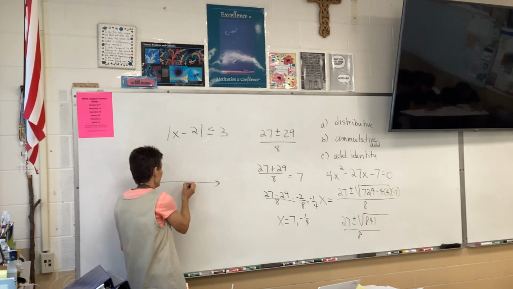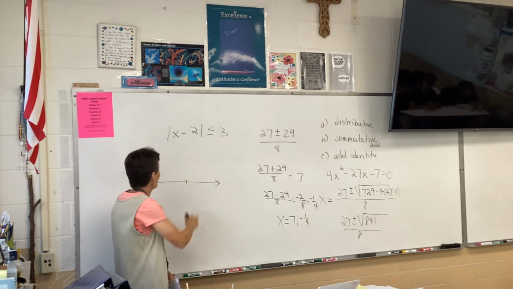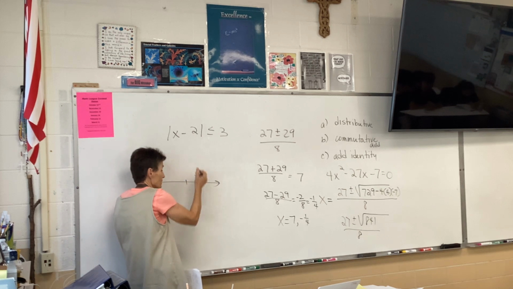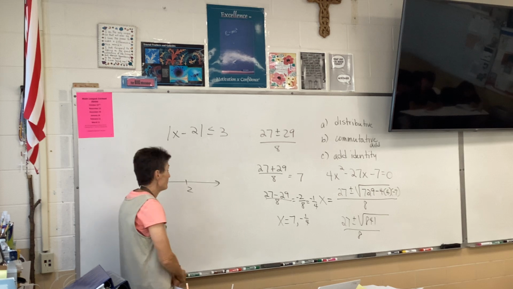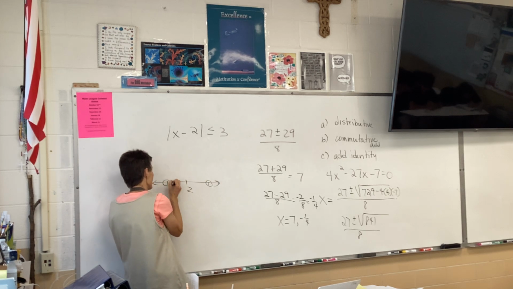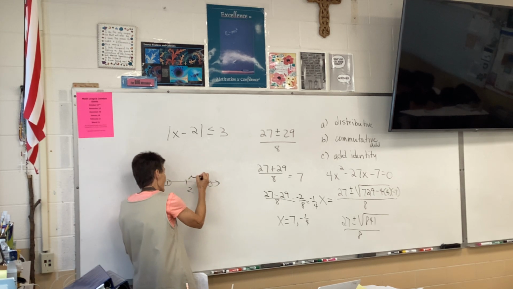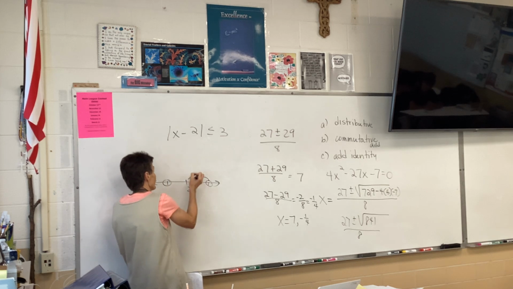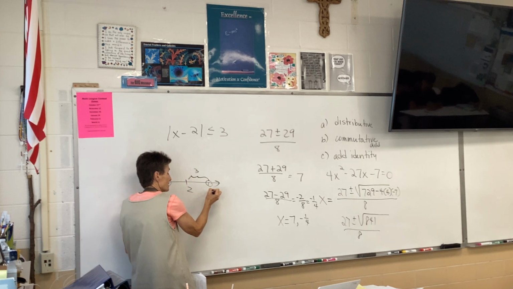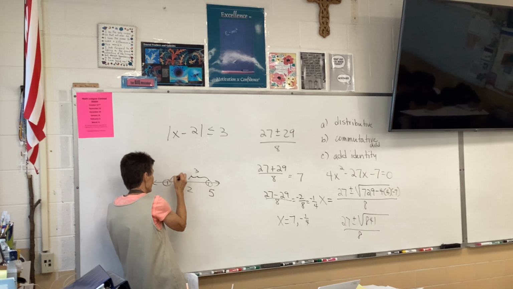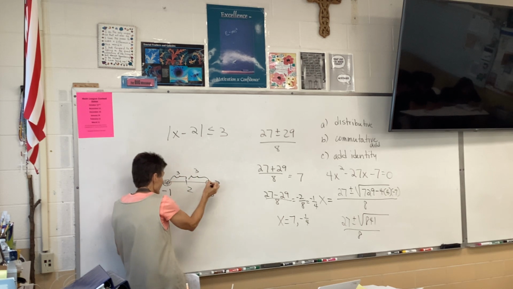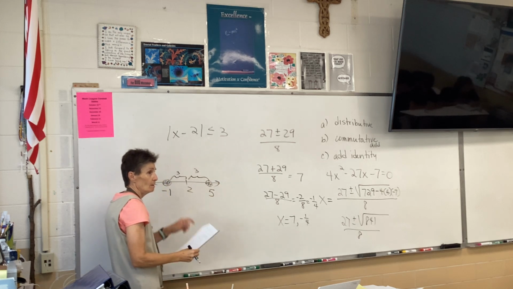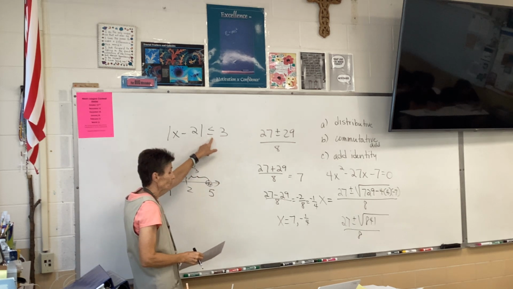Right in the middle of the number line, I'm going to put a number. That number is going to be the opposite of that one, so it's going to be 2. And then out here is going to be a dot, and out here is going to be a dot, and those dots are going to be how far away from 2? 3. So this one is 5, this one is -1. I'm going to color those dots in because of that.